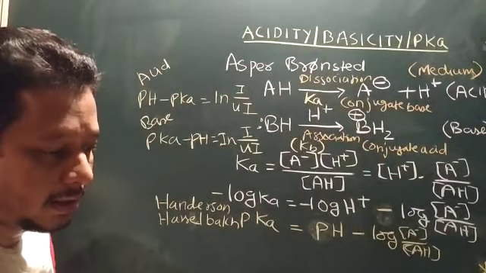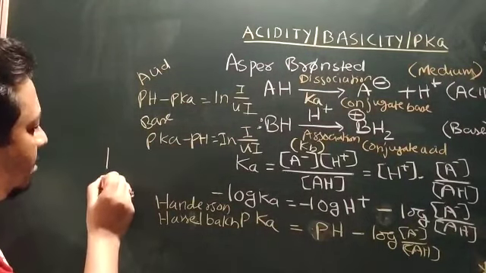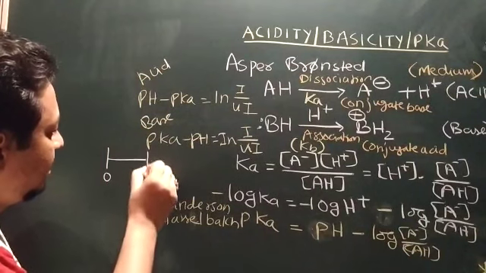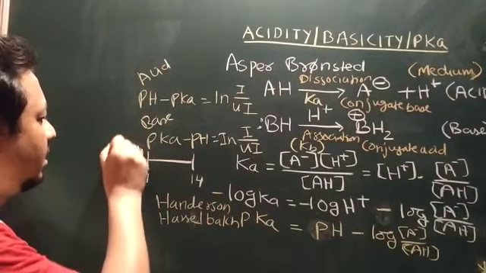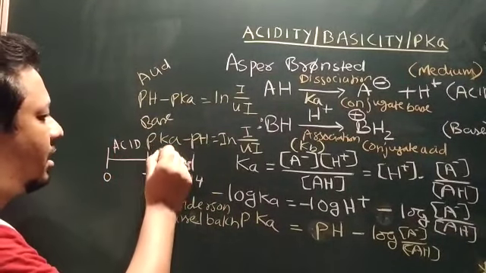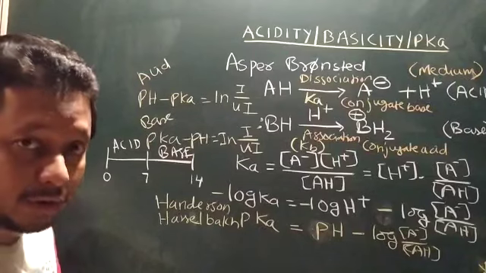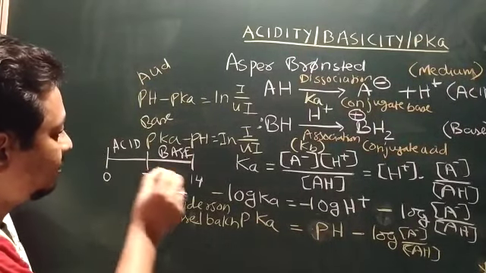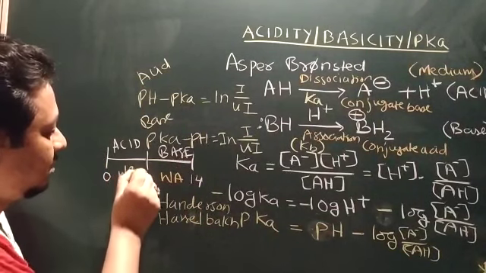Now we must understand the acid and base scale. From 0 to 7 and 7 to 14, normally this range is acid and this range is base. But there are weak acids and weak bases. The weak acid falls over here and the weak base falls over here.